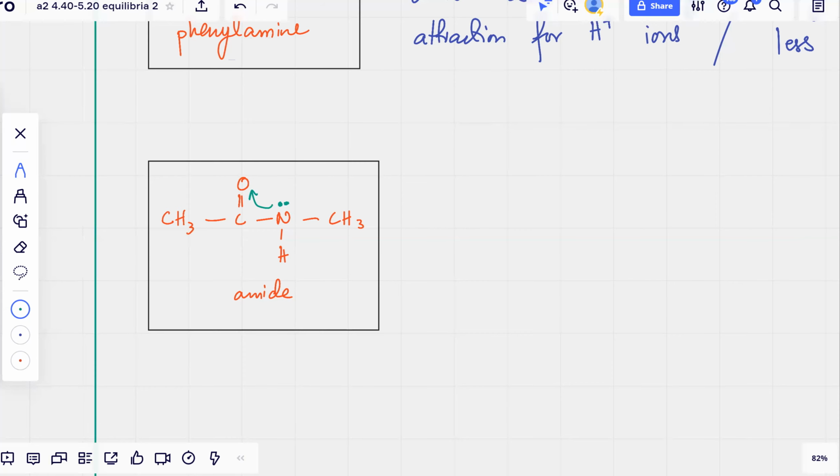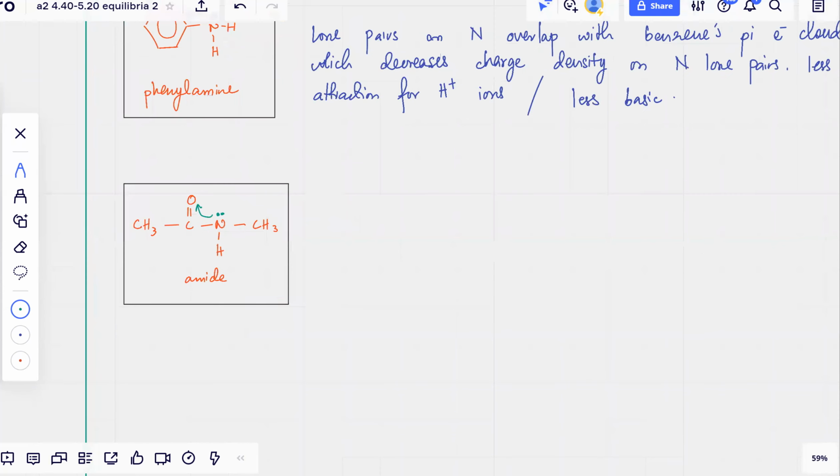So the explanation is that you've got this neighboring highly electronegative oxygen in the C double bond O, which has a strong electron withdrawing effect.